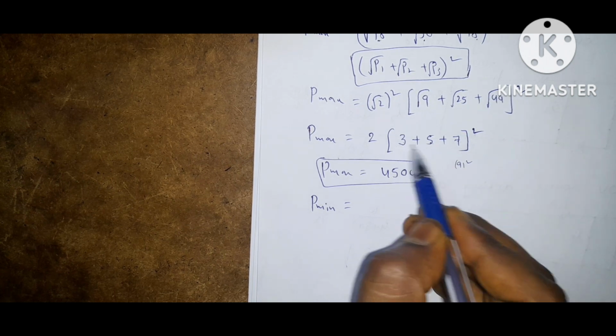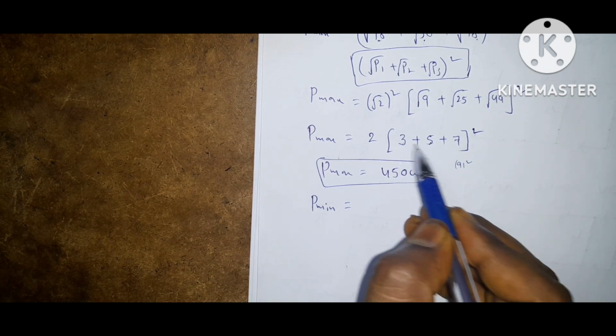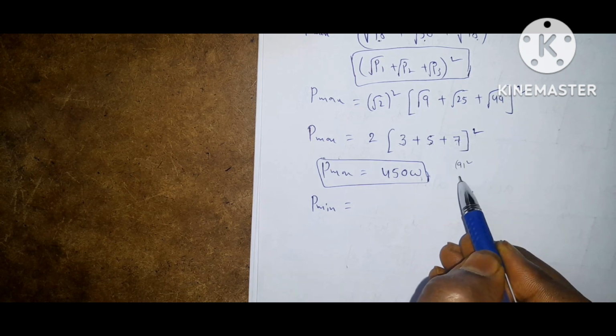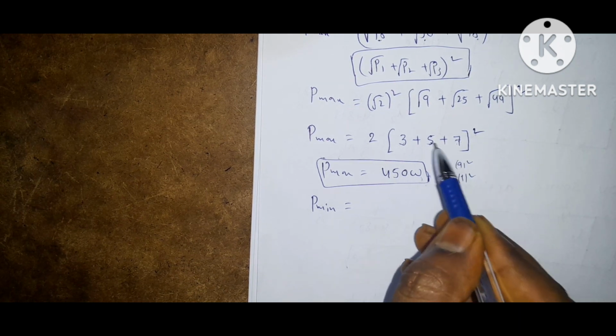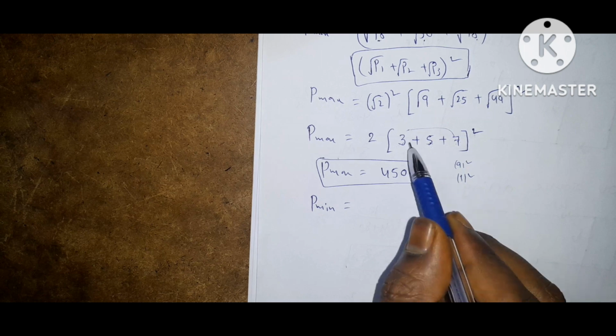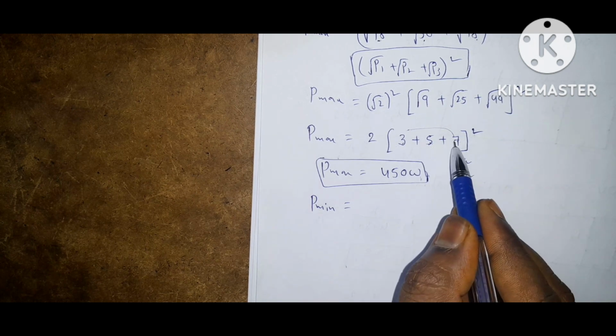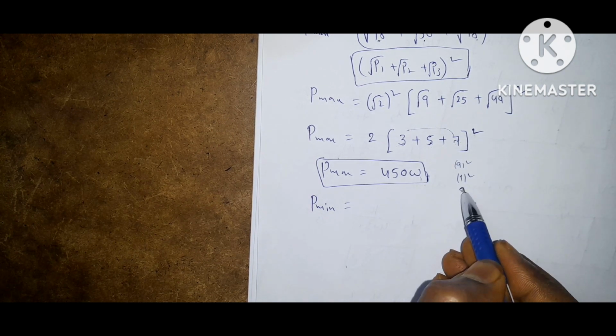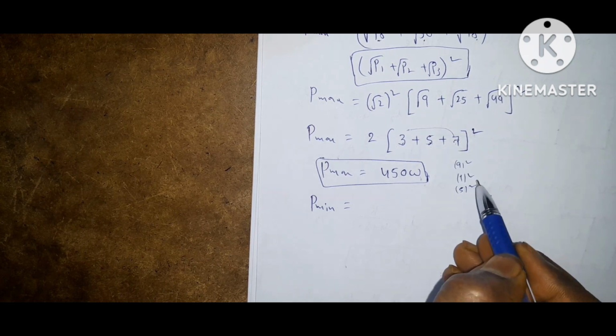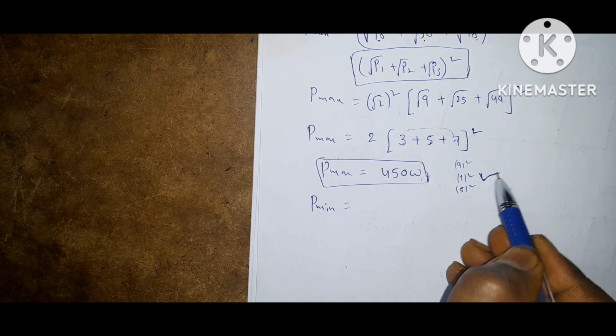Or you can add these two, 3 plus 5 minus 7, how much you are getting? 1 whole square. Or add these two and subtract this one, 3 plus 7, 10 minus 5, 5 whole square. So from all these, this one is the minimum value.